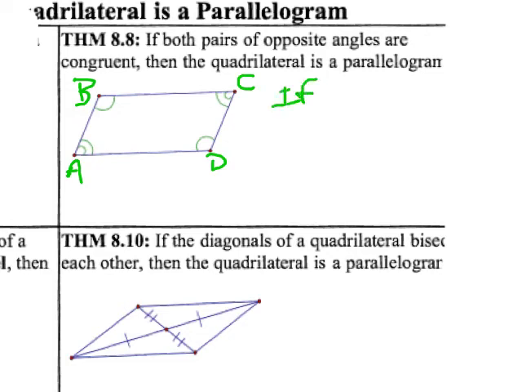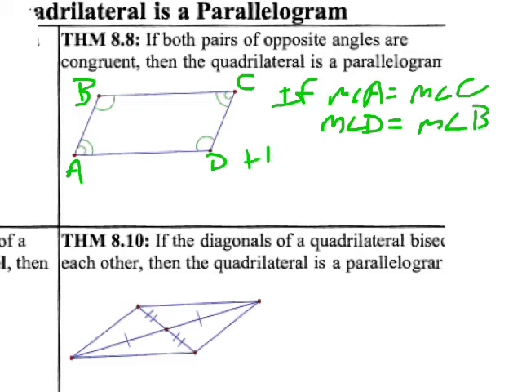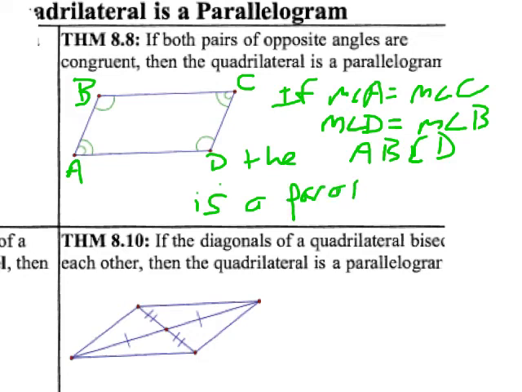So if the measure of angle A equals the measure of angle C, and the measure of angle D equals the measure of angle B, then ABCD is a parallelogram.